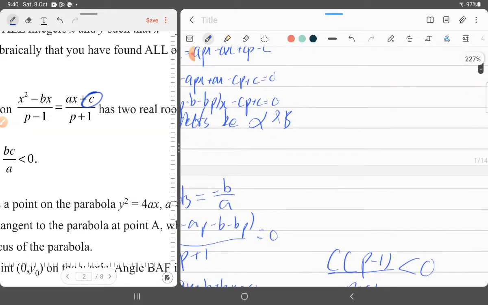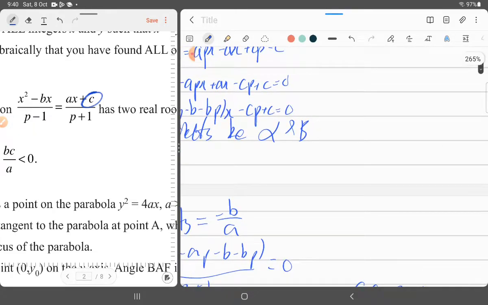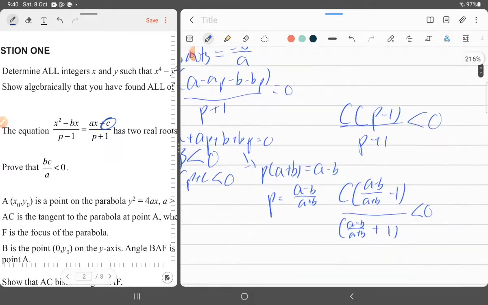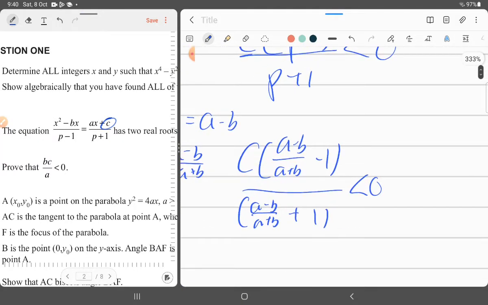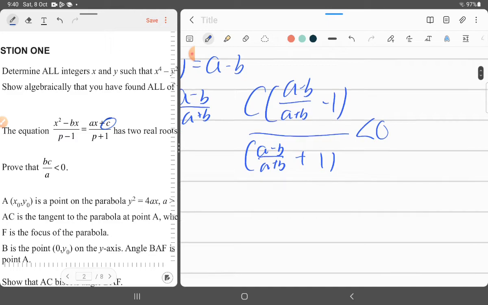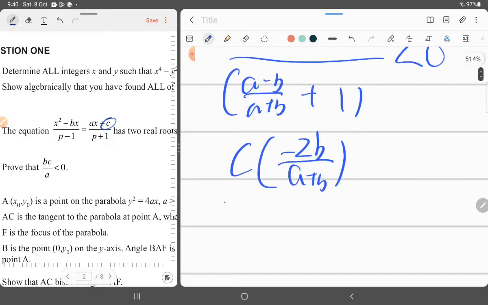Actually, was I able to just... oh no. Then c brackets minus 1 minus a plus b, so it's 2b over a plus b, over 2a over a plus b, minus b.